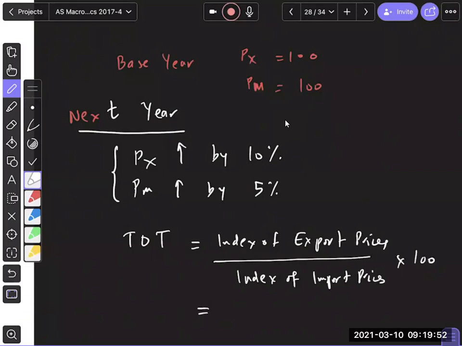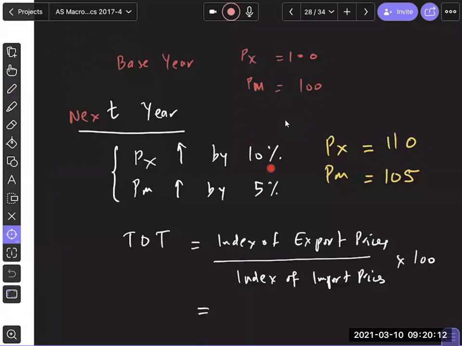So export prices are going to be going up by 10%, which means next year I'm going to write PX will be equal to 110 and PM will be equal to 105. You guys get that? Why is PX going to be 110? Because they have gone up by 10%. Remember, when the index goes up by 10%, the value becomes 110, right? When the PM goes up by 5%, the value will become 105.